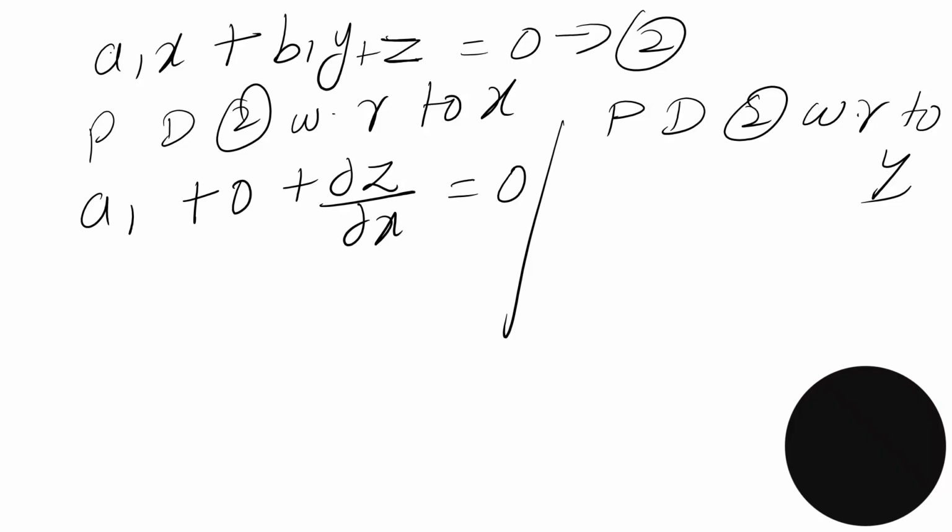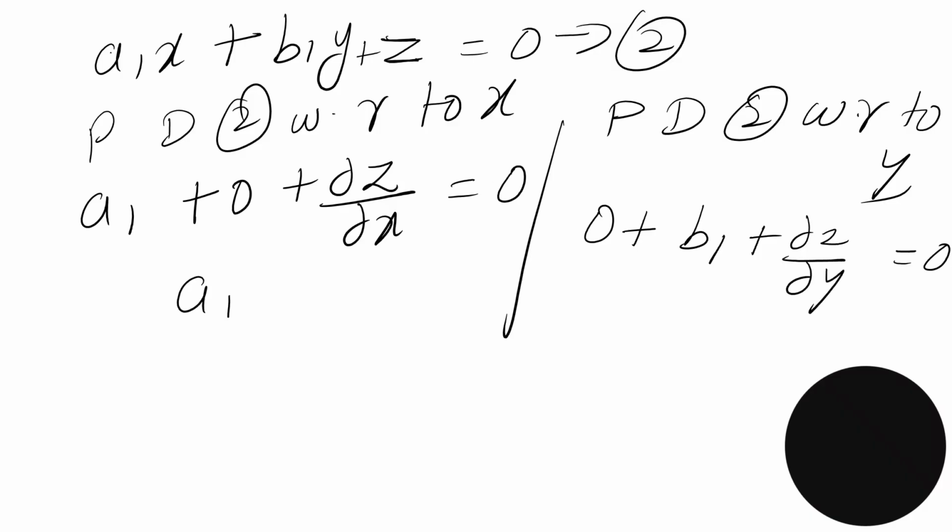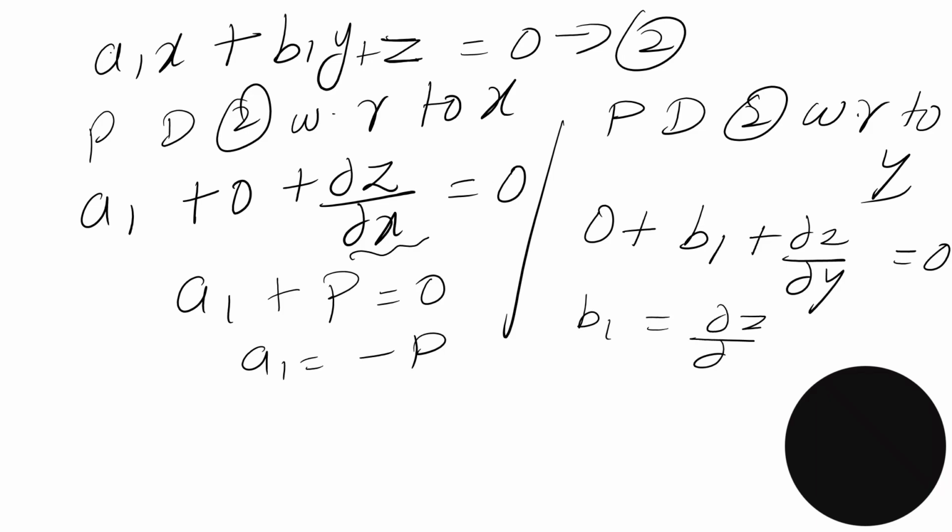First term has no y; second term b1 into y, so b1 into 1; third term, z differentiated with respect to y, dou z by dou y, equal to 0. So a1 plus dou z by dou x, which is p. So a1 equal to minus p. Here q equals dou z by dou y, so b1 equal to minus q.